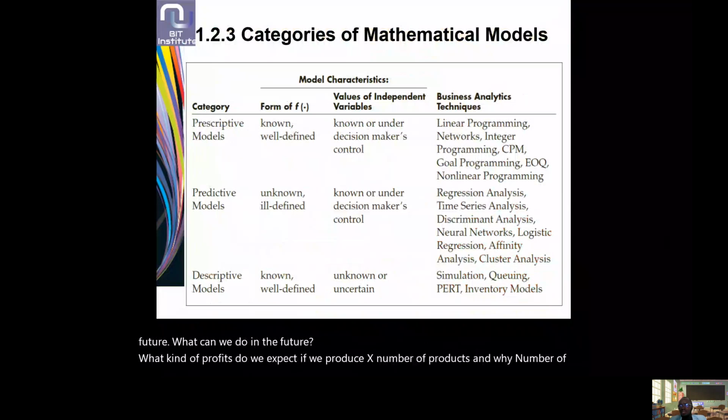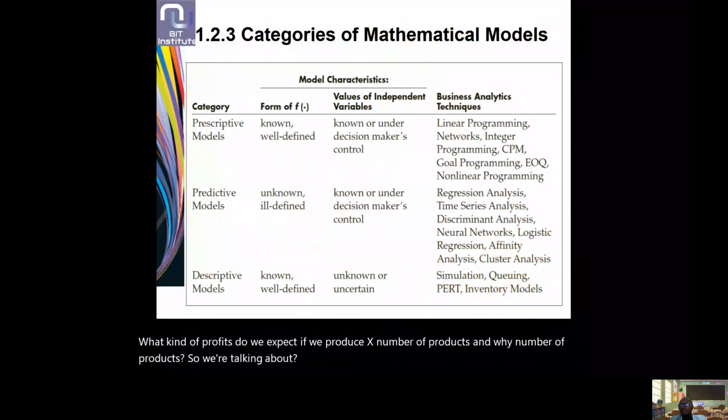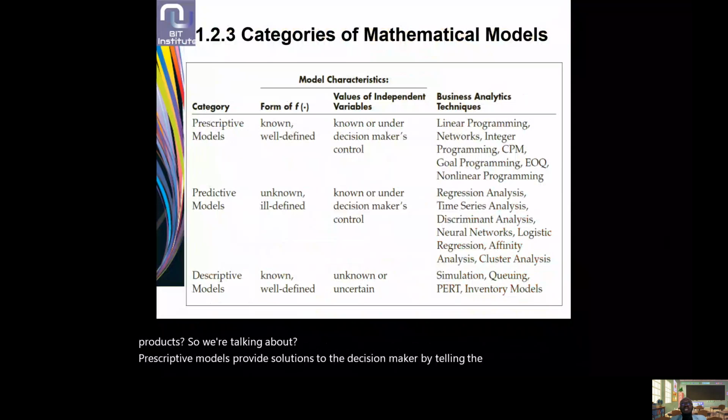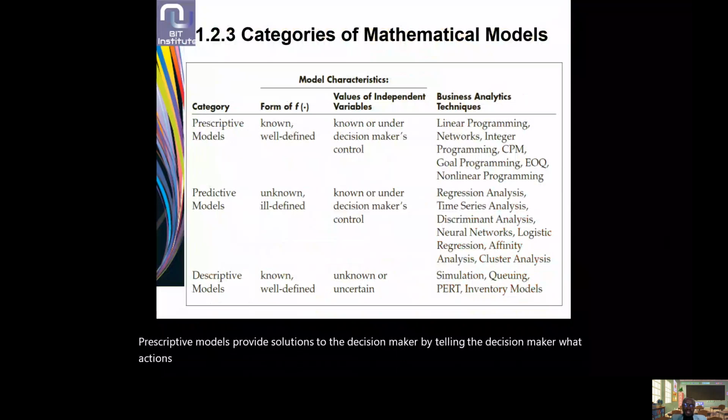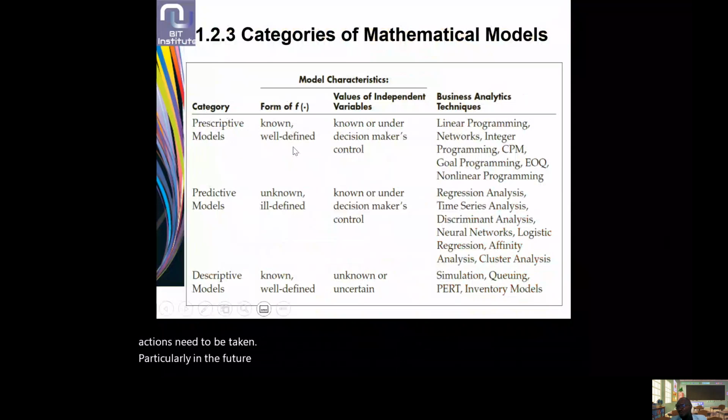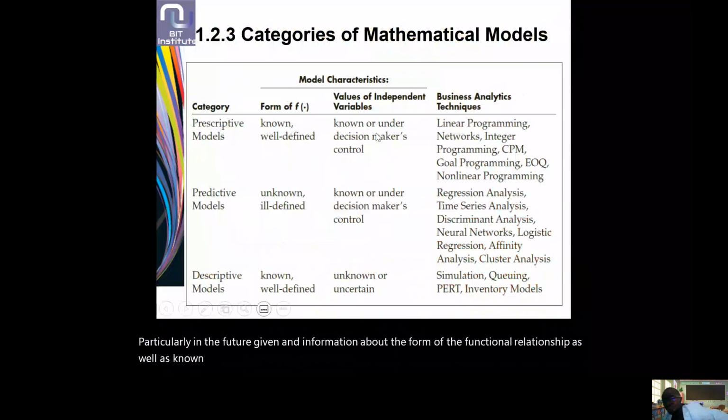So prescriptive models provide solutions to the decision maker by telling them what actions need to be taken, particularly in the future, given the information about the form of the functional relationship as well as known values of the independent variables. The second major category is the predictive models.